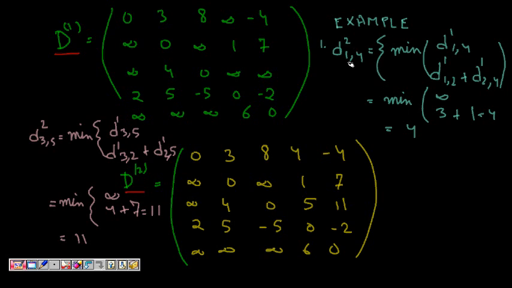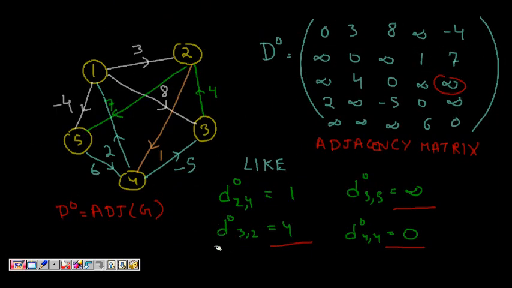Let's see how D2 1,4 is calculated. D2 1,4 means, from the graph, I have to go from 1 to 4, and I can choose only nodes 1 and 2 as the intermediate nodes.